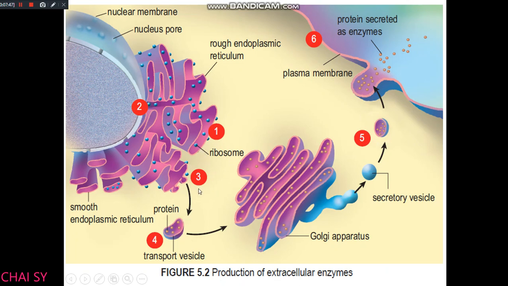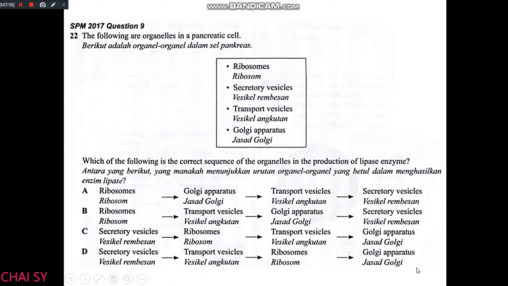From ribosome to the next station is transport vesicle. The third station is Golgi apparatus, and the next station is secretory vesicle. So what is your answer? Yes, the answer here is B. From ribosome to transport vesicle, next to Golgi apparatus, and the next is secretory vesicle.